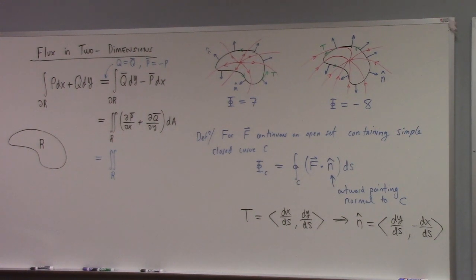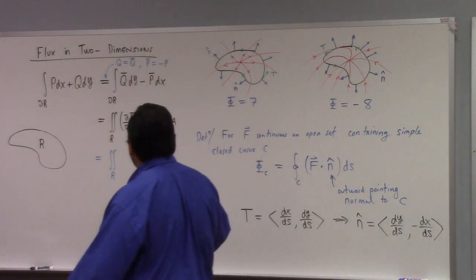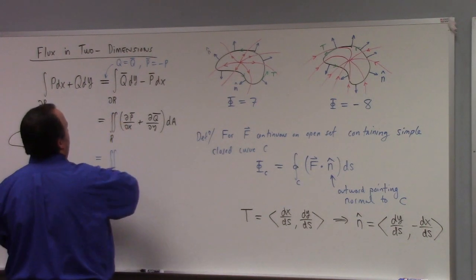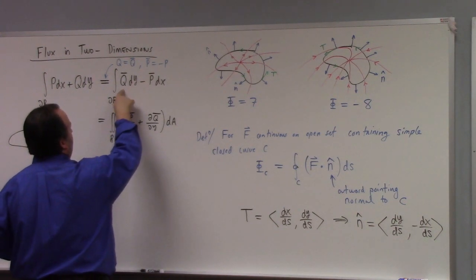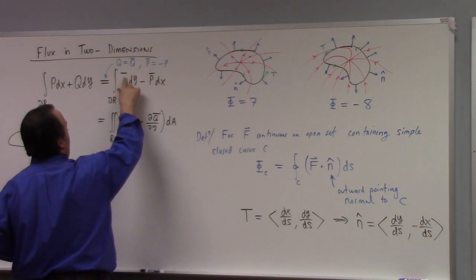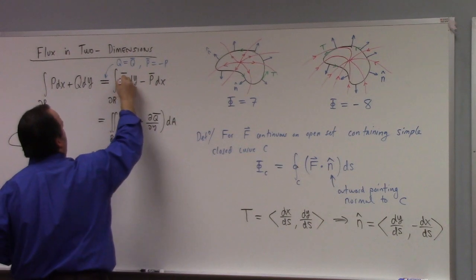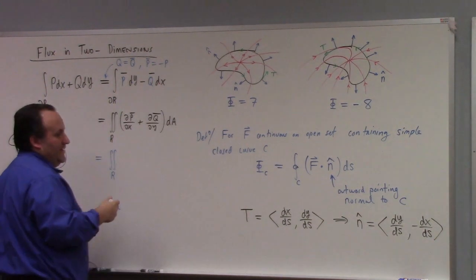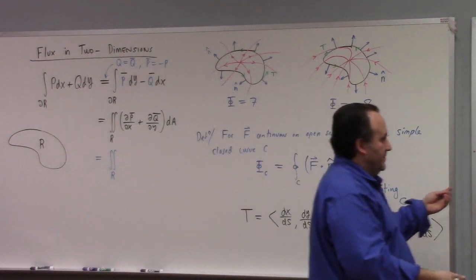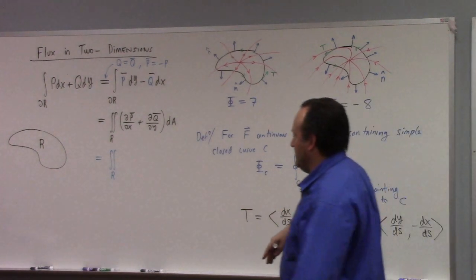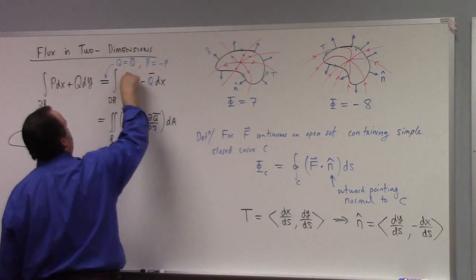P dy, Q dx. Oh, it's supposed to be, I'm a dummy. Look, I'm supposed to do what? P bar, good grief. P bar dy minus Q bar dx, right? That's what we have to have here. P dy minus Q dx. That's the pattern, I have to do that. Goodness gracious.